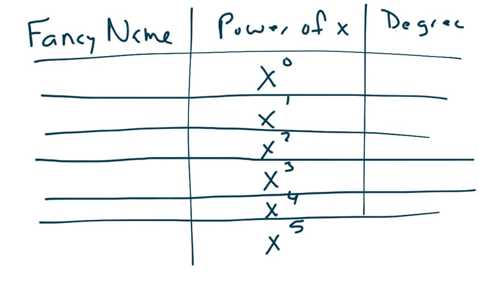If you're looking at a polynomial, these are the powers of x, and they can keep going, so we'll throw a dot dot dot on there. If you see a polynomial that has a biggest power of x that's 0, that's a 0th degree polynomial.